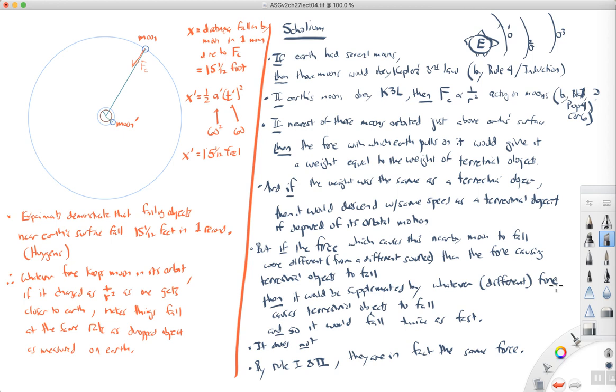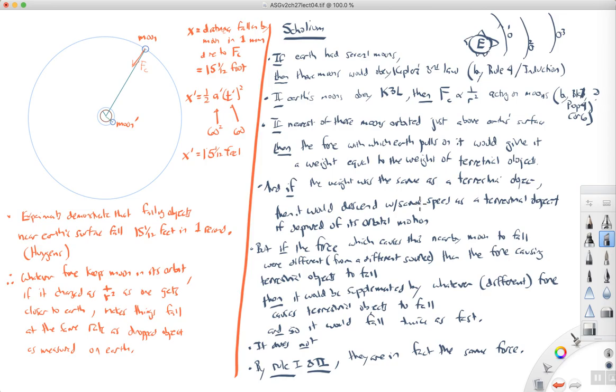So he says, if you get the same effect, that is falling at 15 1/12 feet in 1 second, due to the terrestrial force, and 15 1/12 feet due to this centripetal force acting on the moons, the effects are the same, so why aren't we just saying the causes are the same? This is rule 1 and rule 2 in his rules of reasoning.